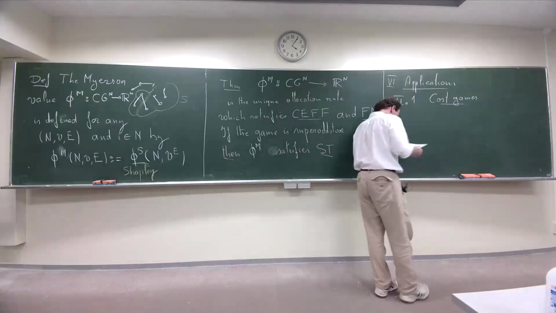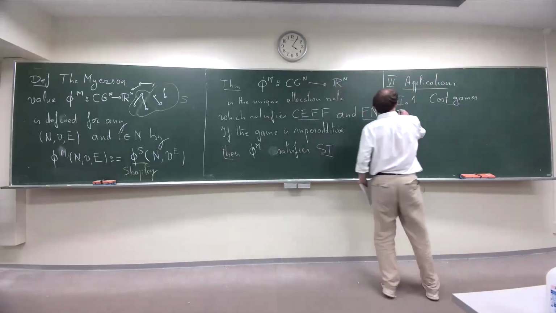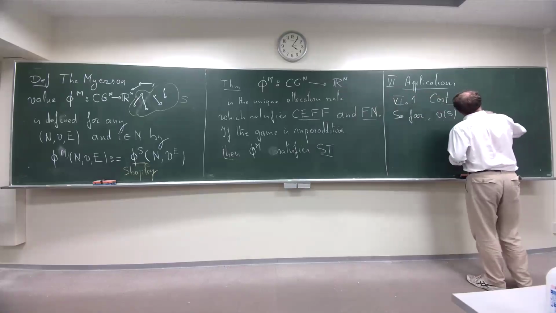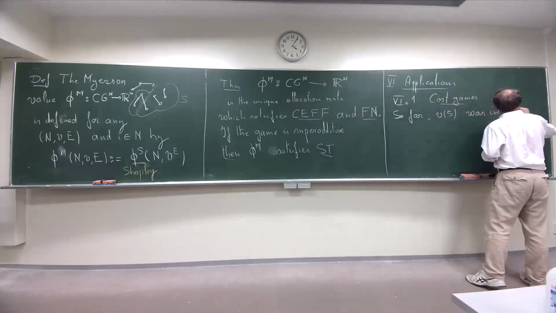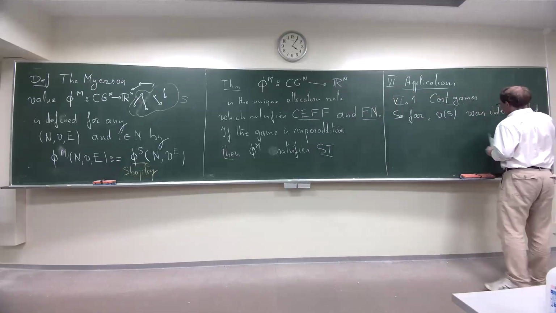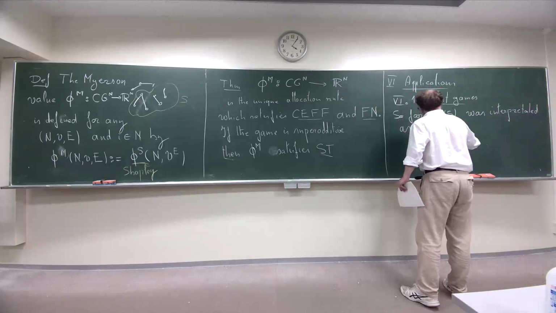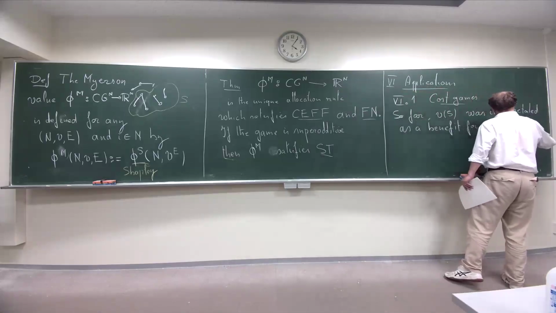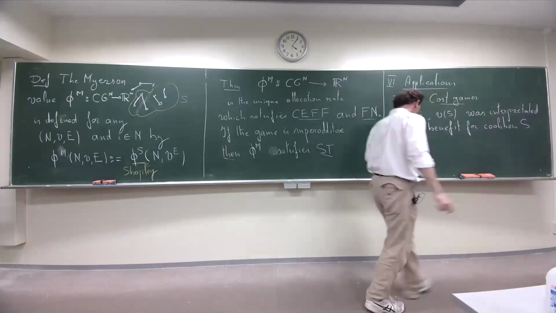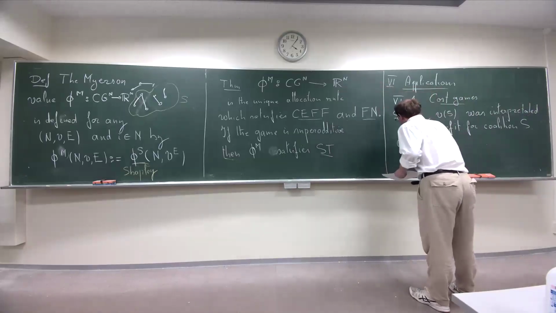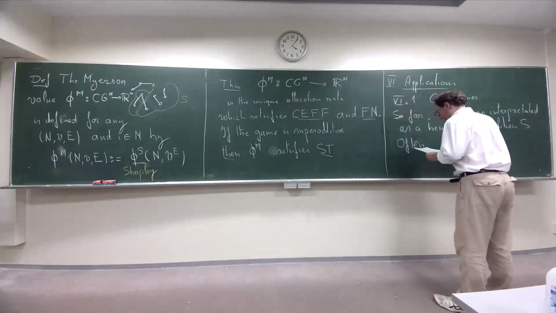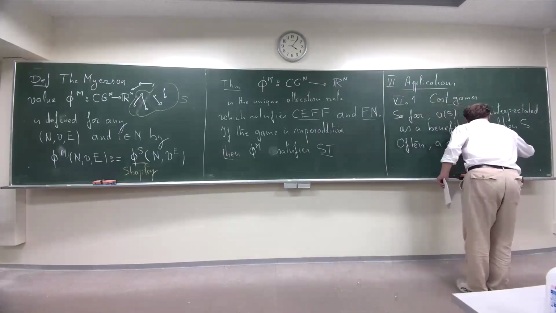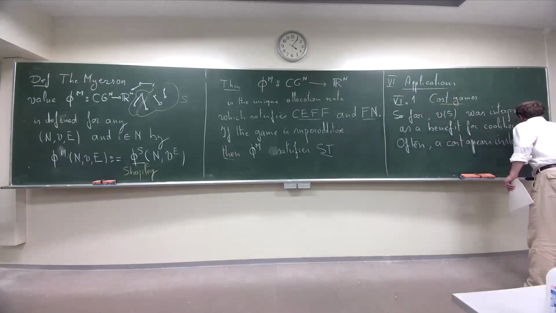So let me just write a few sentences about this. So far, what I call V of S was interpreted as a gain or something you get as a benefit for coalition S. As I said, often the cost appears instead of the benefit.